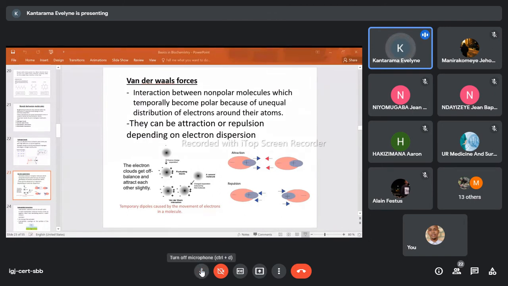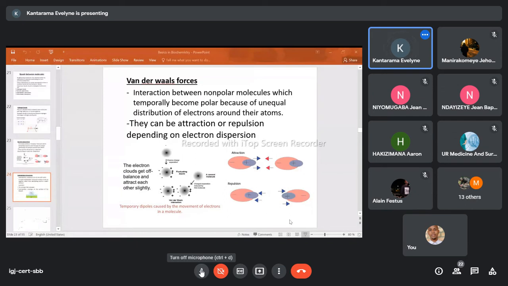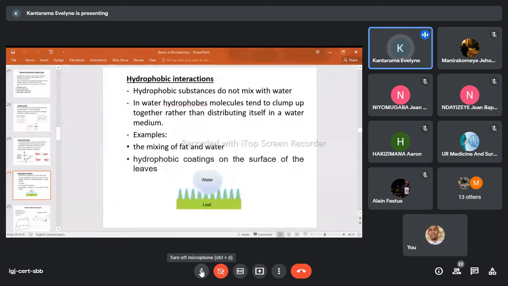Remember, in hydrophobic, excuse me, it is not visible. What happened? Can you see it now?